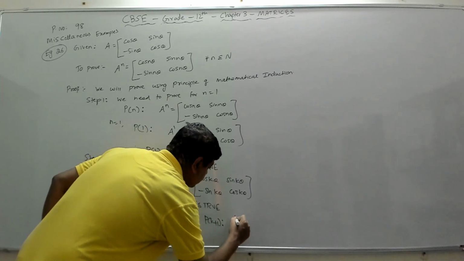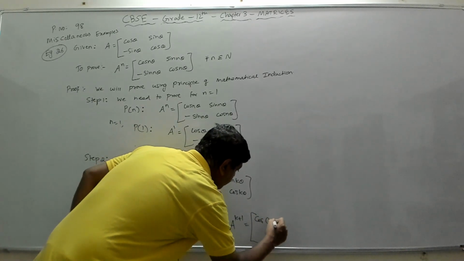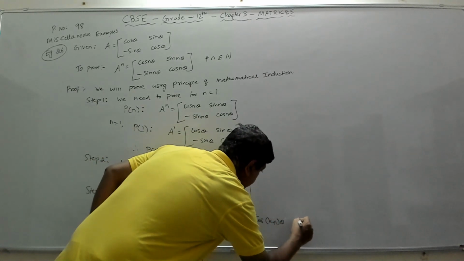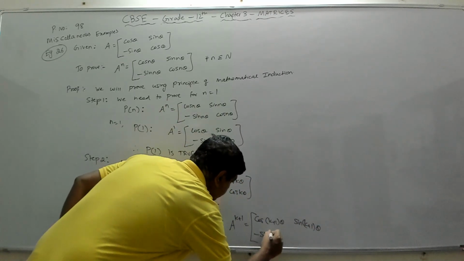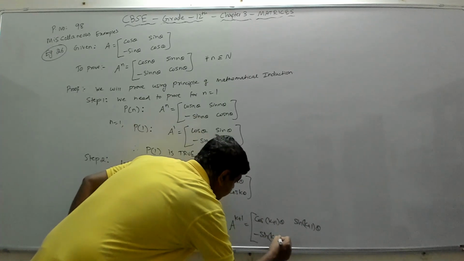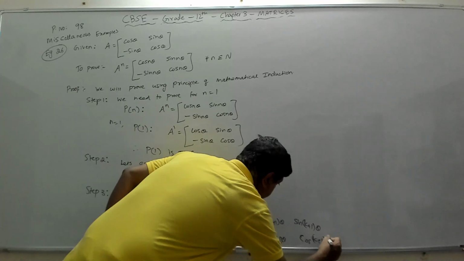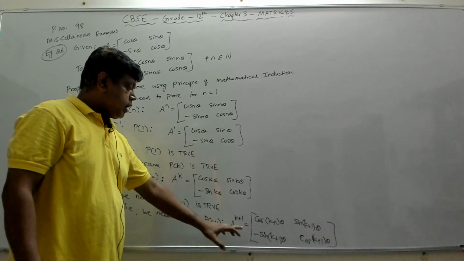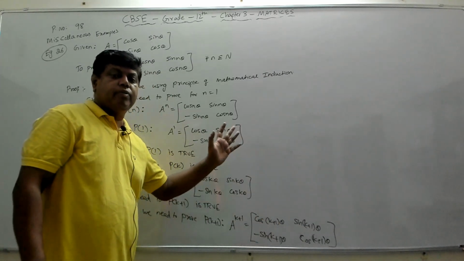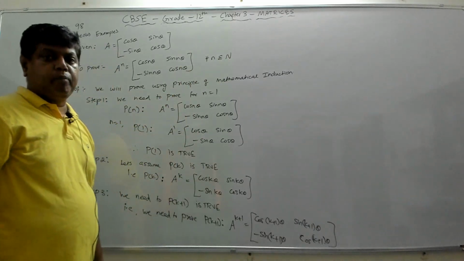A power k plus 1 equal to [cos k plus 1 theta, sin k plus 1 theta; minus sin k plus 1 theta, cos k plus 1 theta]. You have to prove A power k plus 1 equal to this. Once we prove this, then we can say this is true for every n belonging to N.